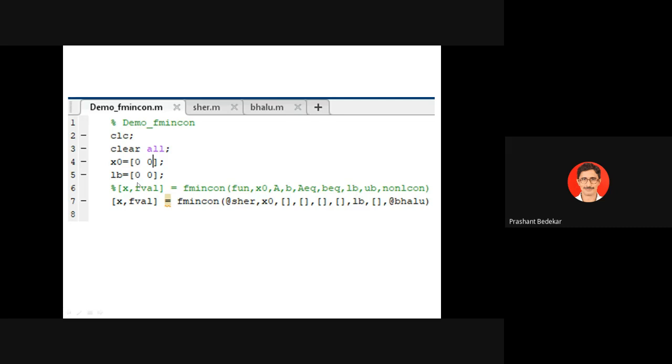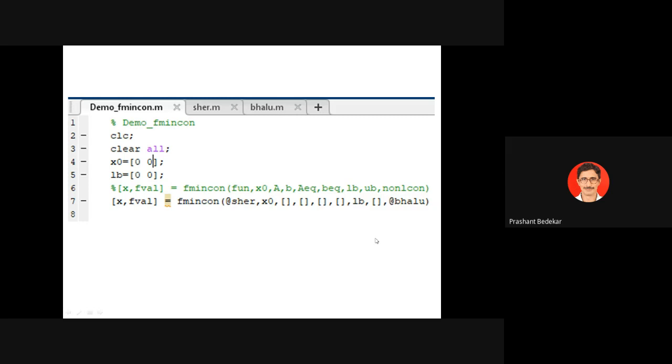Then lower bound we have specified here as 0, 0. You can see lower bound is specified 0, 0. So LB. Now, if you recall, in case of linear programming problem, when upper bound was not given, we terminated our parenthesis only after LB. But now this is a use of fmeancon.